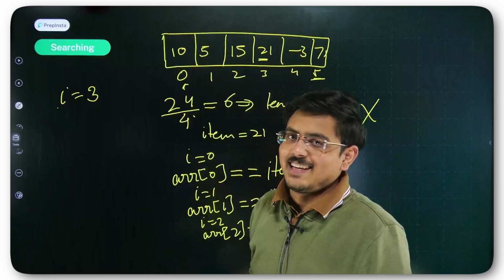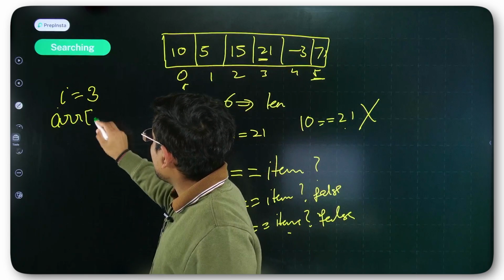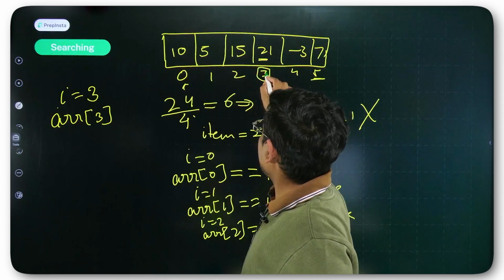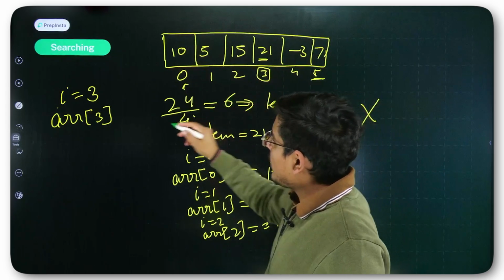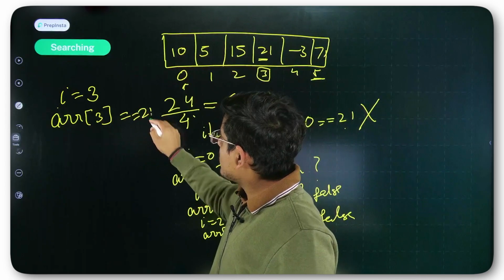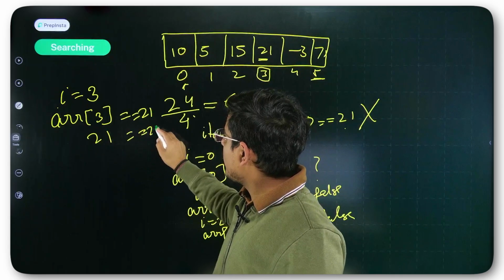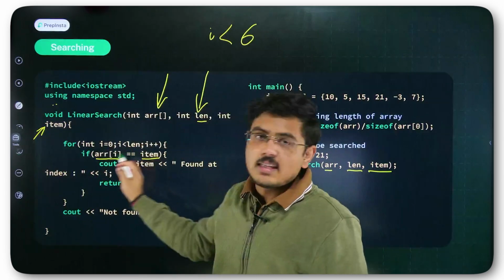Now there is an interesting catch. Why so? At array of 3, which is the value at index 3 in this array, what is it? It is actually 21. Now this condition is true because this is also 21. What happens is this if block now gets executed.